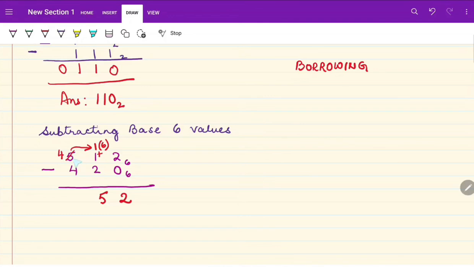Remember that when you lend, that means when you're borrowing from a value, that value has to be reduced by 1, all right? So 4 minus 4 is a 0, and our final answer is 052 base 6, or simply 52 base 6, all right? 52 base 6, right?